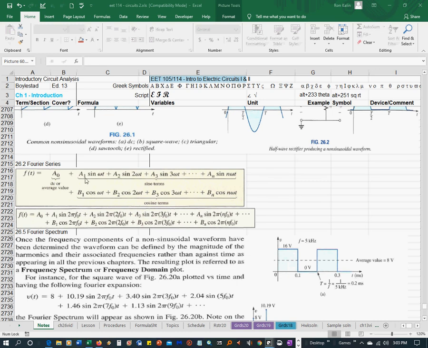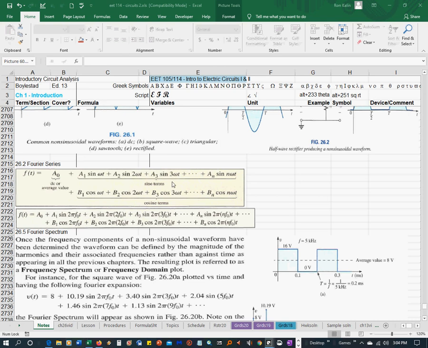And then each successive term is going to be a sinusoid. Notice that the first term has an amplitude A1 and then a frequency of omega. That's the radial velocity, which is still 2 pi f. The second term has a multiplier of that frequency, so it's double the frequency and it has a different amplitude, and so on.